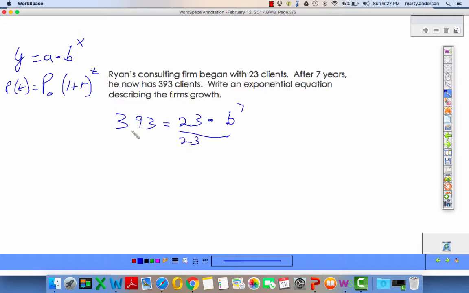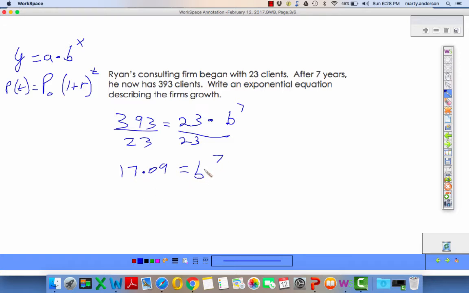Certainly. Divide by 23. B to the 7th equals, what's 393 divided by 23? 17.09 approximately. Hey, what did we do last chapter? How do you undo b to the 7th?